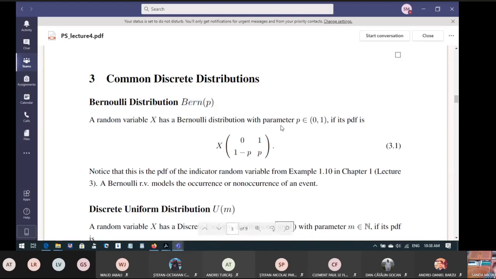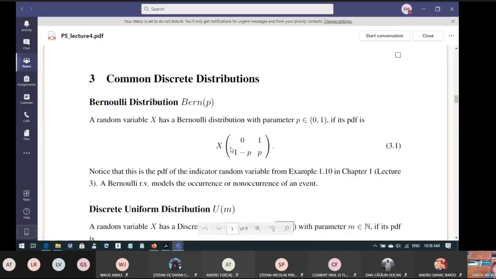So we always define the distribution by giving its general PDF. First of all, the parameters, and then the general PDF. So we say that a random variable has a Bernoulli distribution with parameter P, P being a number in the open interval (0, 1). It will stand for a probability, this parameter, so that's why it has this domain.